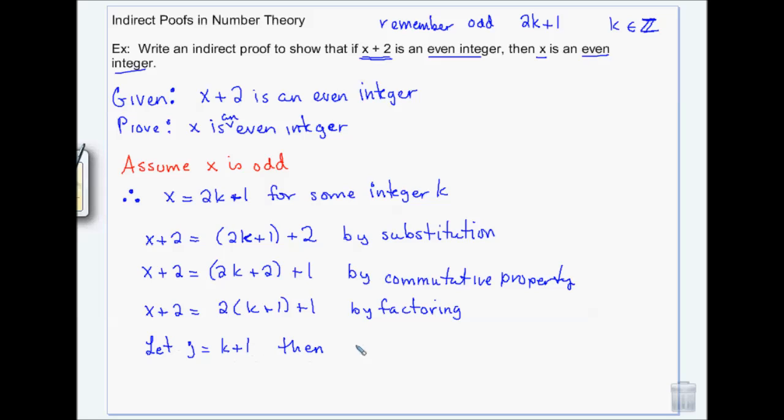So x plus 2 equals 2 times the quantity k plus 1, plus 1. And so now what I've done is I've taken this k plus 1, and I said J is the same thing as k plus 1.